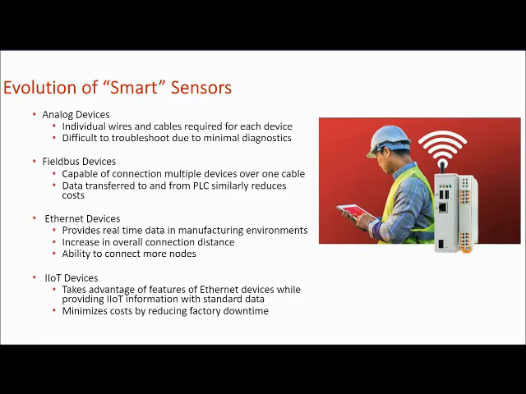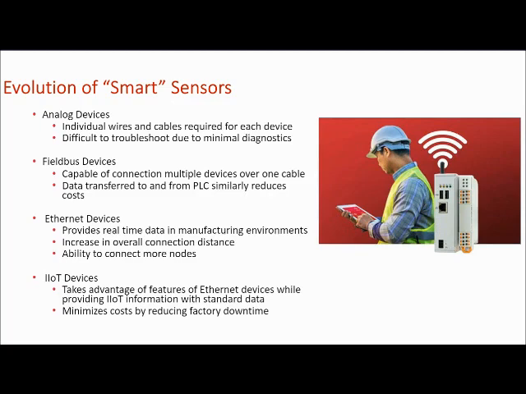When you deal with field bus devices, they are capable of connecting multiple field bus devices, but on a single cable. And that actually saves costs and allows data to be transferred to and from the sensor very easily. After field bus came Ethernet devices.